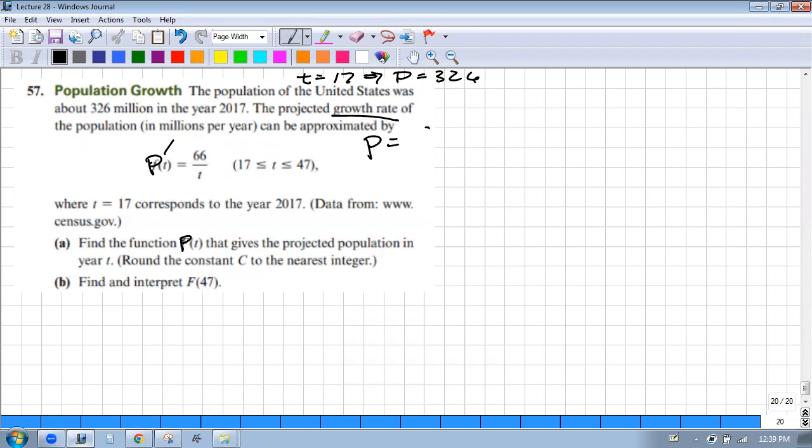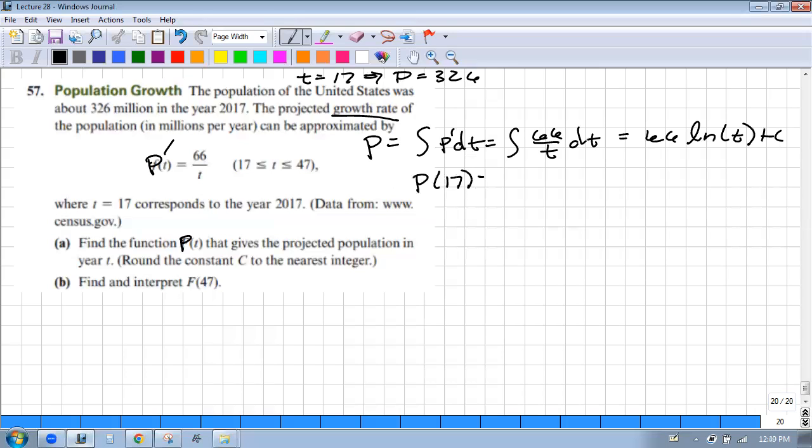So P is the integral of P prime, the integral of 66 over t, which would be 66. Since it's 1 over t, we have the natural log of t plus a constant, right? So the fact that P of 17 should be 326, but P of 17 would be 66 natural log of 17 plus a constant.